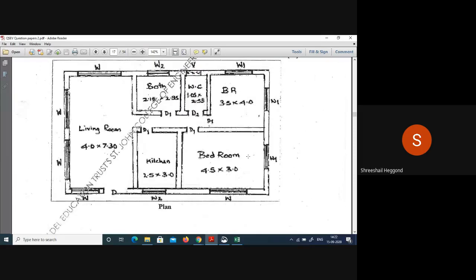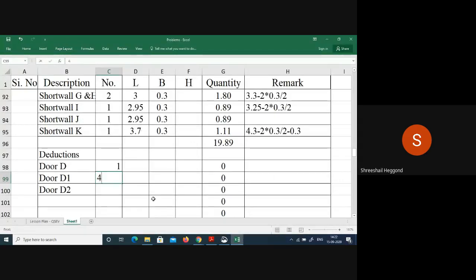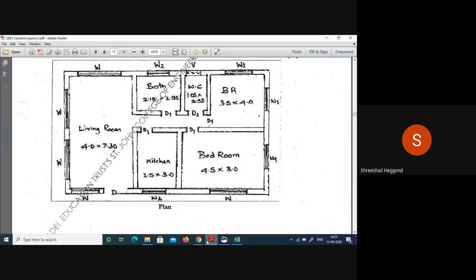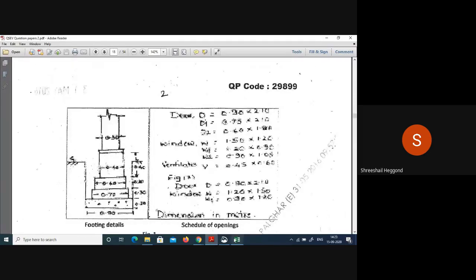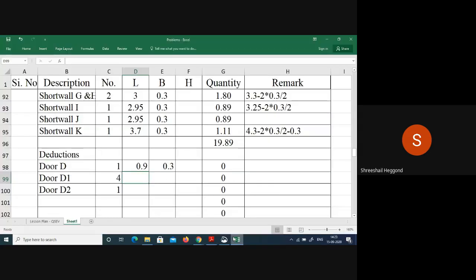Please someone tell me. 4 and 1. The length of D is how much? 0.9. Breadth is 0.3. Height we are not going to consider. For D1, the dimension is 0.75 and 0.6, 0.3.